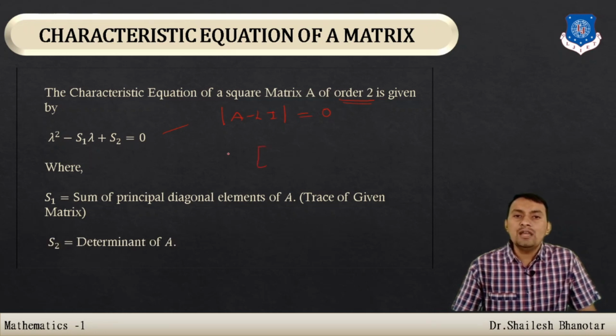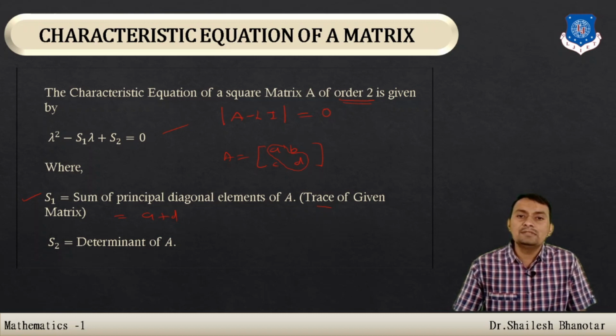Here suppose the matrix is A, B, C and D. S1 is the sum of the principal diagonal elements. So A and D are the principal entries of that matrix, or you may say the trace of the given matrix. So S1 is A plus D. S2 is the determinant of this matrix.